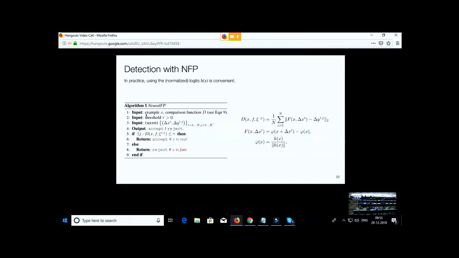Just to reiterate, we get some input X. We have all these fingerprints that we've chosen, and we also choose some threshold value tau. We check whether there's some class J for which this distance is smaller than our threshold tau. If that is true, then we accept this input and say it's real. If not, then we reject it and say that this input is fake.